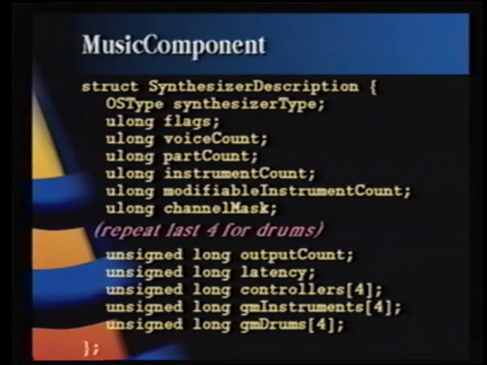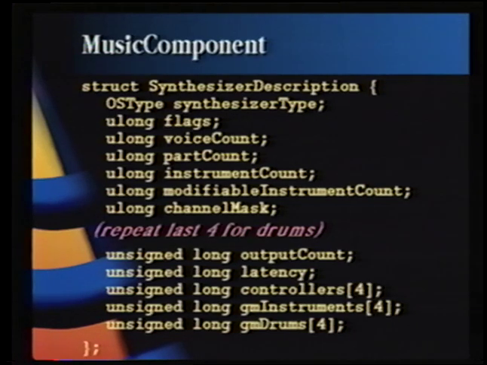Okay, the synthesizer description has a number of interesting fields that it has to report. The music component will report to the note allocator or anyone who queries it. The synthesizer type is just an OS type, a 4-byte ID. The voice count is its polyphony, how many simultaneous notes it can make. The part count is its timbrality, how many different sounds it can make at the same time. The instrument count is how many built-in instruments the device supports. So for a general MIDI device, the instrument count is 128.